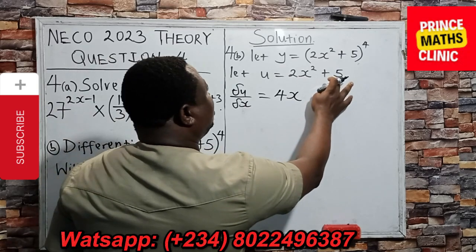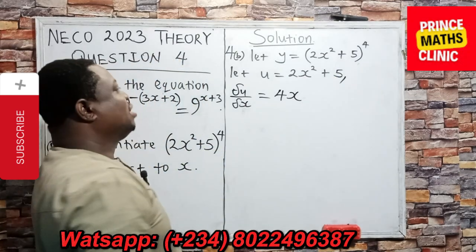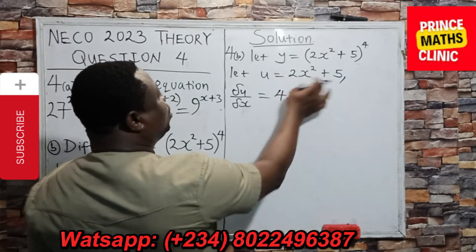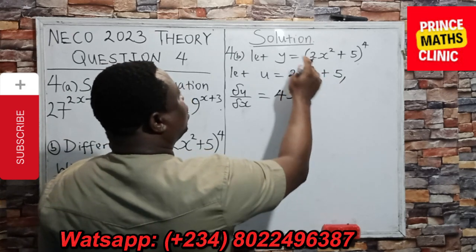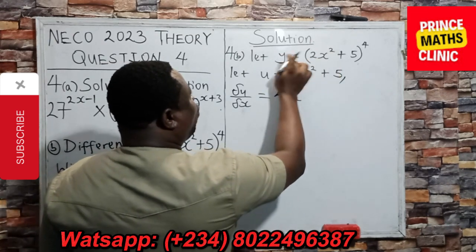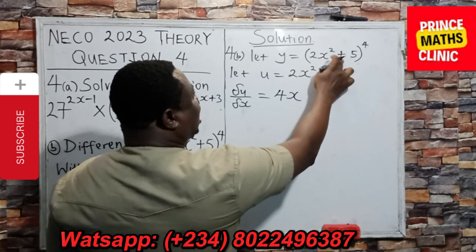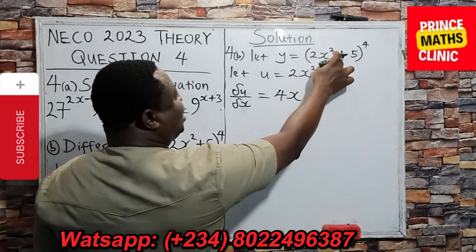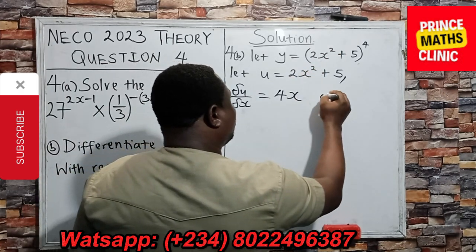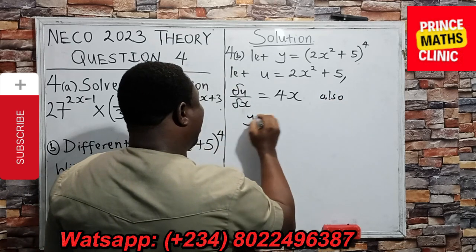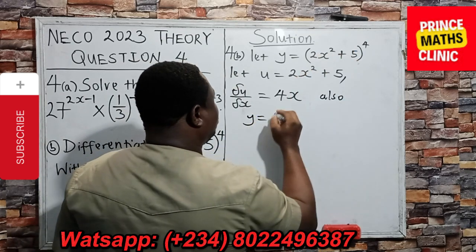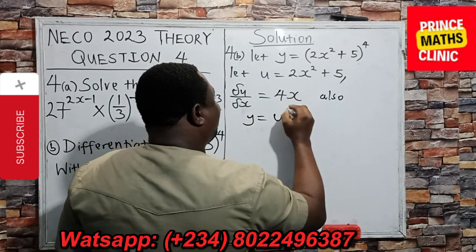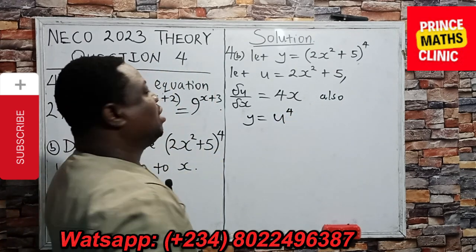Then if you differentiate this, you get 0, right? Now that we know that u is equal to this, we can now say that y is equal to u to the power of 4, right?